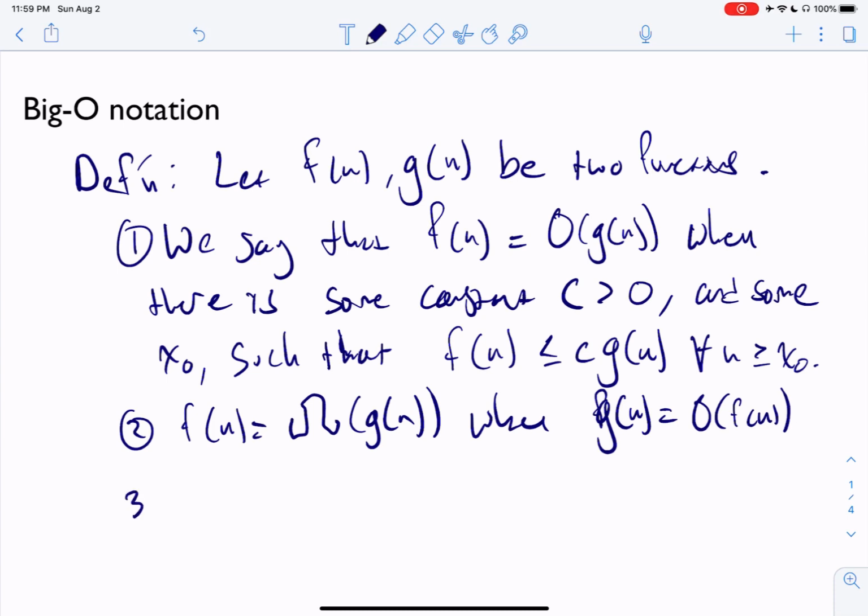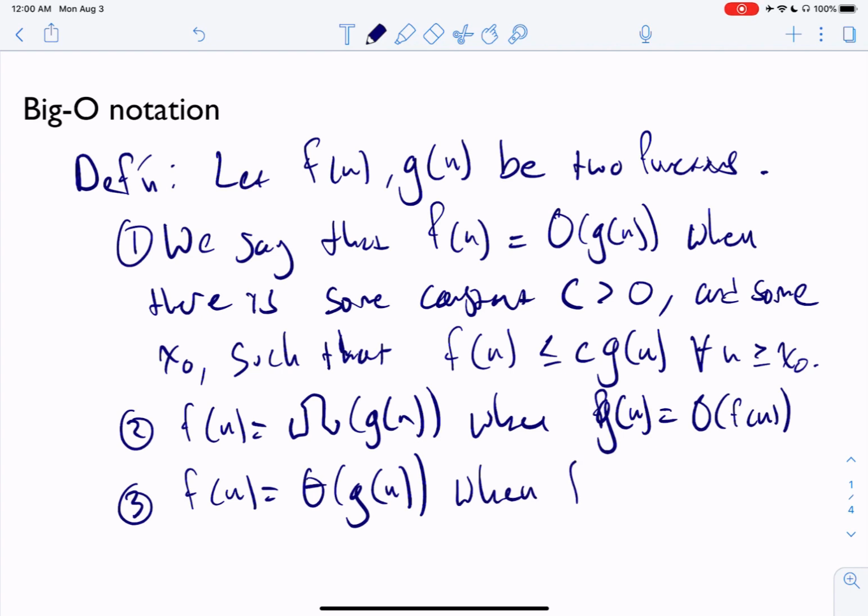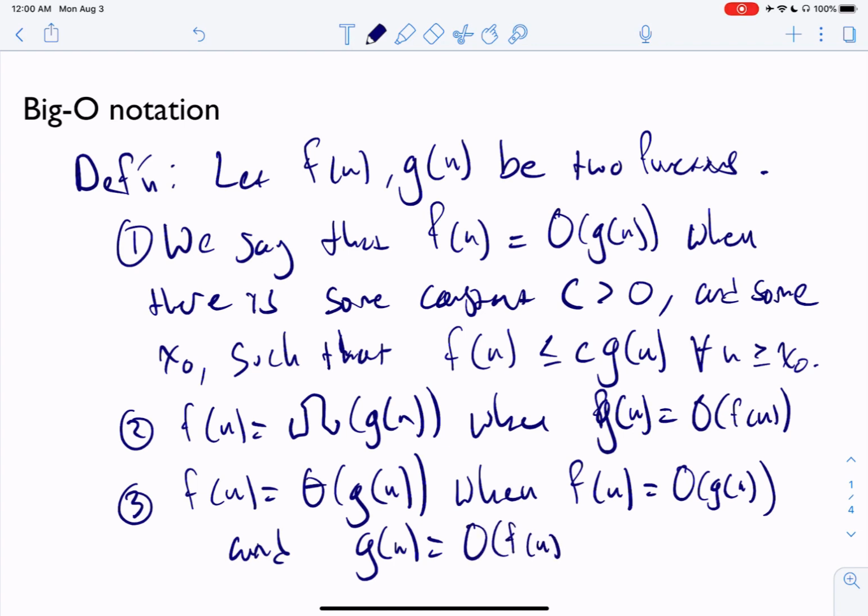When we say that f of n equals theta of g of n, we mean that f of n equals O of g of n, and g of n equals O of f of n.